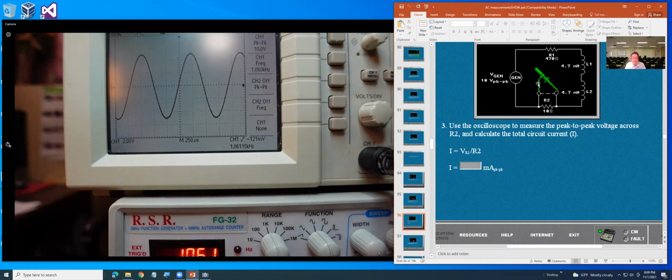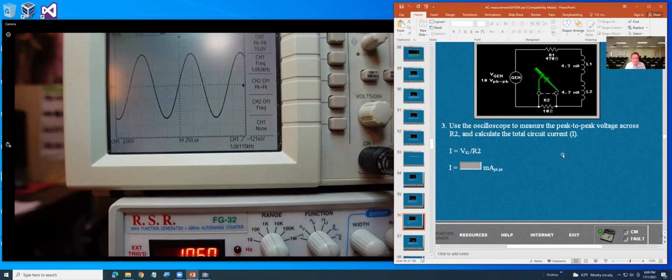The thing is, one side of the scope must be ground all the time, and that is the way LabVolt designed it. They want to measure the voltage across R2, 10 ohm. After you get the voltage, you divide by the 10 ohm. That's how you can get the current.